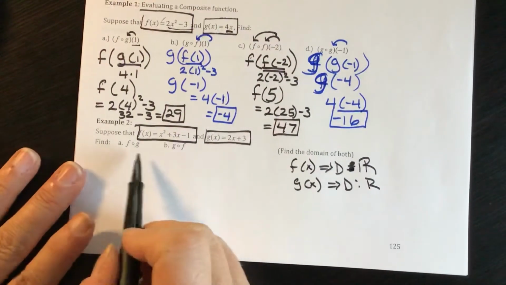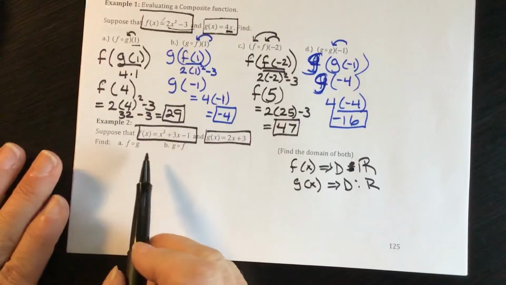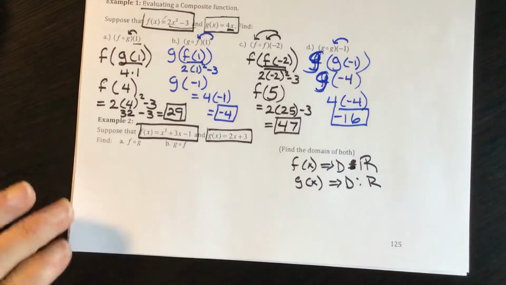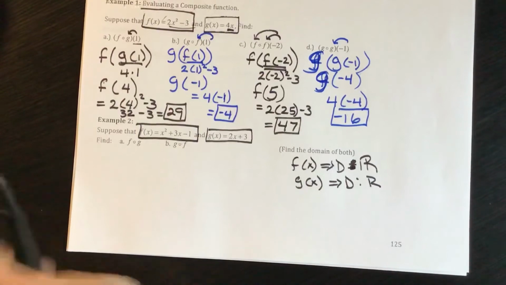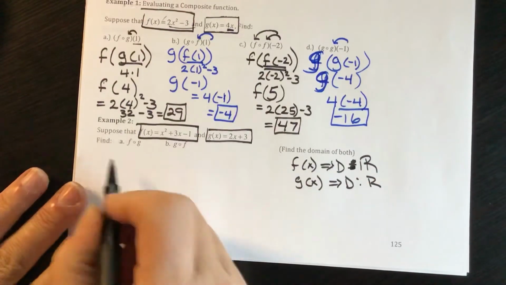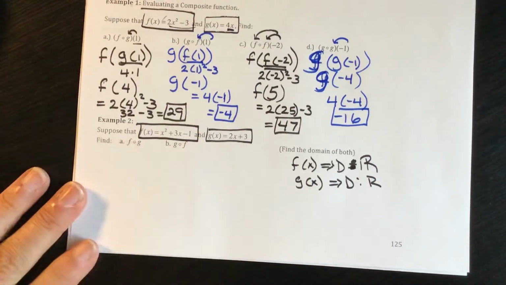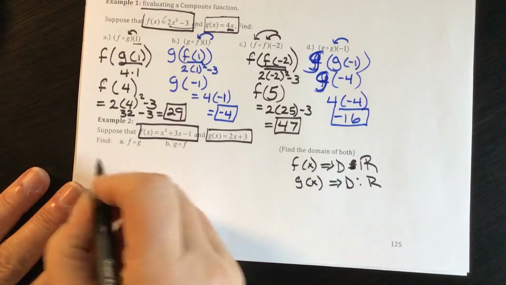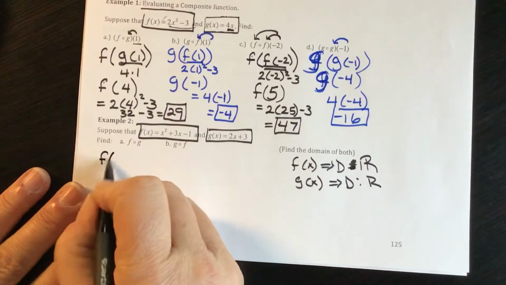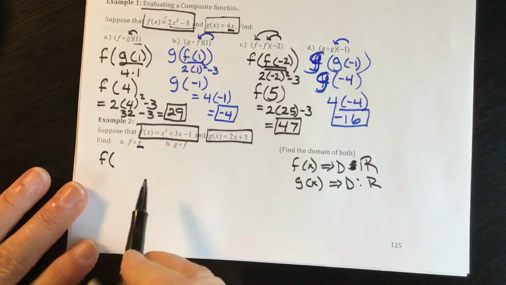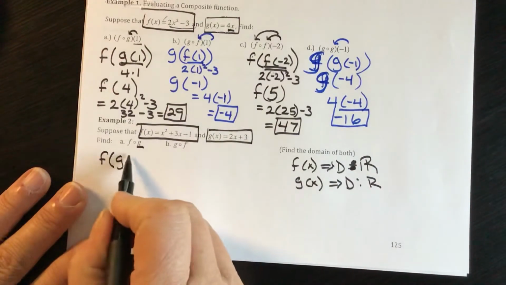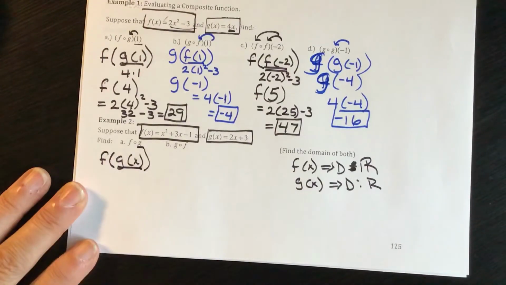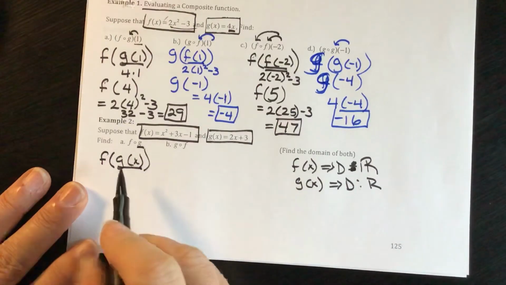So now what I'm going to do, I don't have a value for x to plug into a function. So this means I'm going to keep x as an expression, and I'm going to plug the g function into the f function.